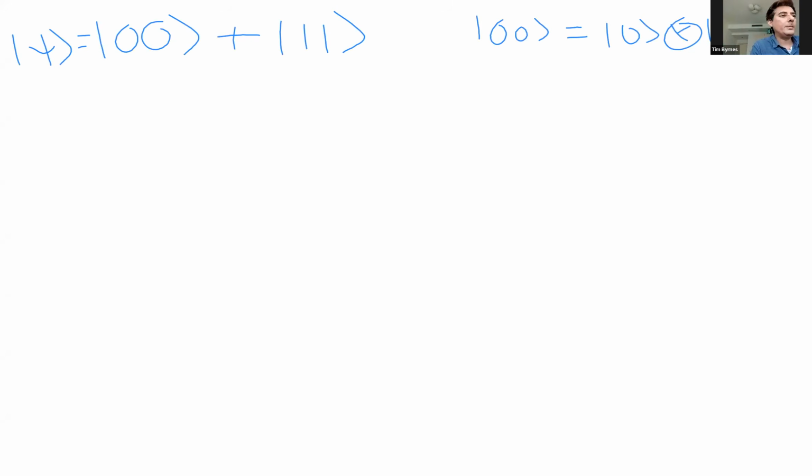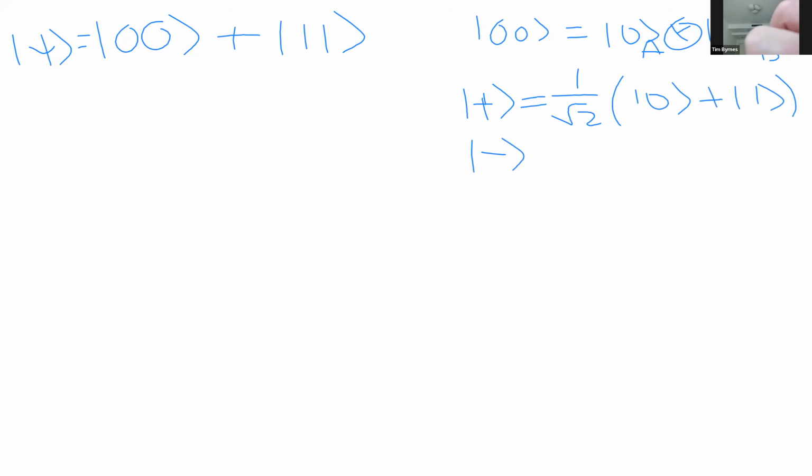|11> is something similar. Now, suppose the question is to rewrite this whole thing so that both Alice and Bob, where Alice is the first qubit holder and Bob is the second one, rewrite this state in terms of the plus minus basis. The plus minus states are defined as |0> + |1> and |0> - |1>.